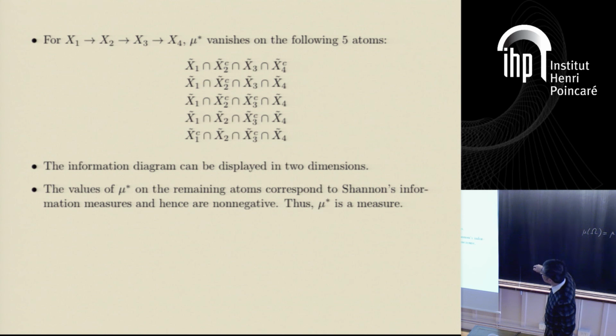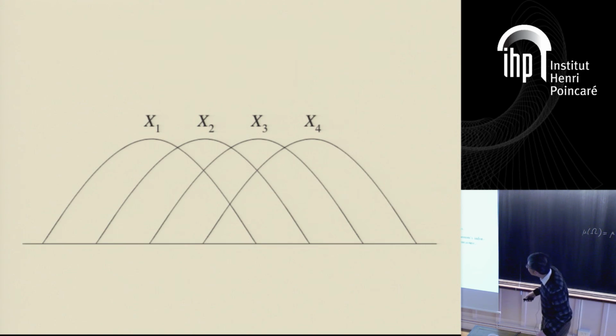Mu star vanishes on these 5 atoms, and there are 10 more atoms, and for the remaining atoms, the value of mu star corresponds to Shannon's information measures and hence is non-negative. So again, mu star is a measure. This is the information diagram for 4 variables.